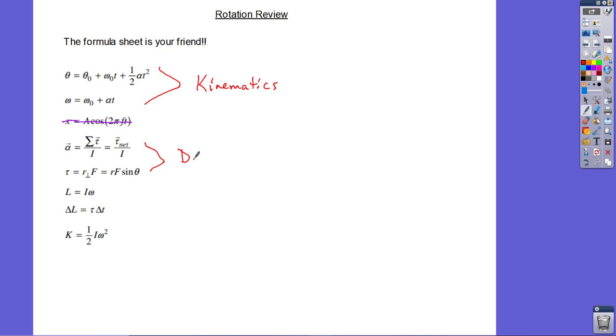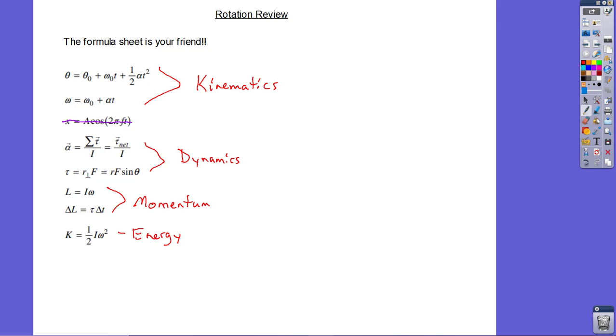So that's sort of the dynamics part. And then here we have momentum, angular momentum, of course. And here we are talking about energy. So that's angular or rotational kinetic energy. So those are important.